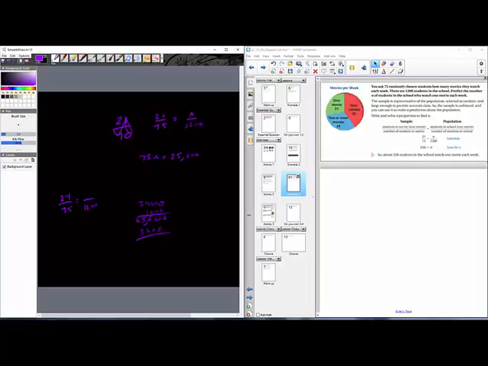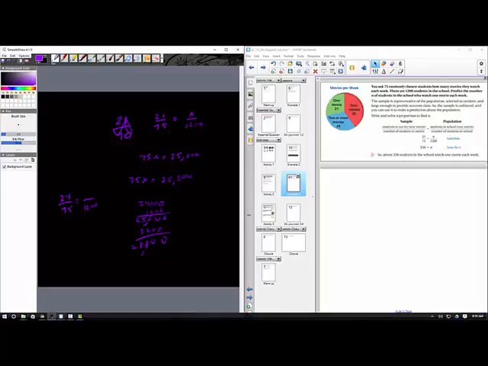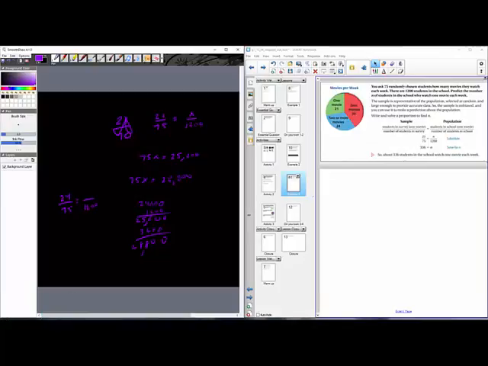All that I'm doing, just so you know, is you can take 24 times 1,200 and get the same answer. So 28,800. So I'd have 75x equals 28,800, which is what 1,200 times 24 is.